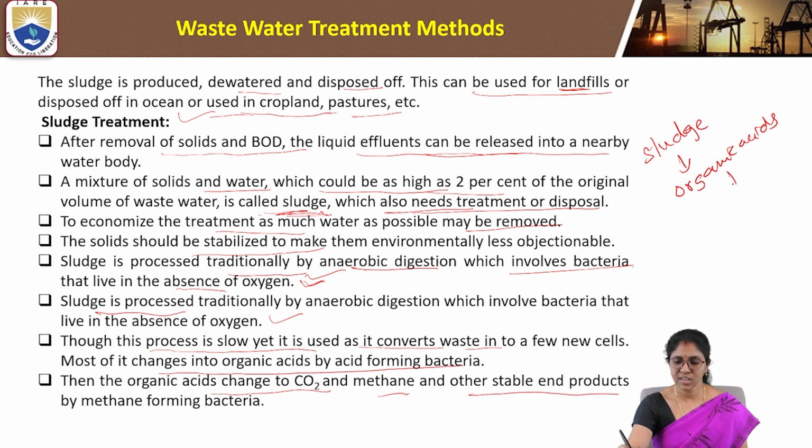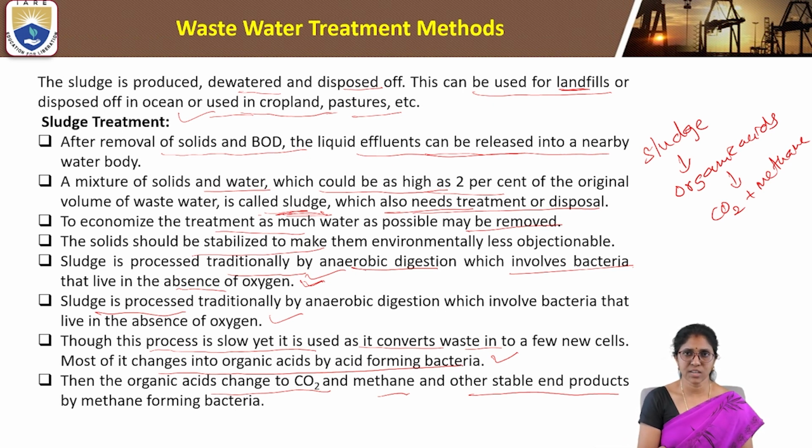So in this process, different bacteria are involved: acid forming bacteria form acids from the sludge, and these acids are converted into carbon dioxide and methane by methane forming bacteria.